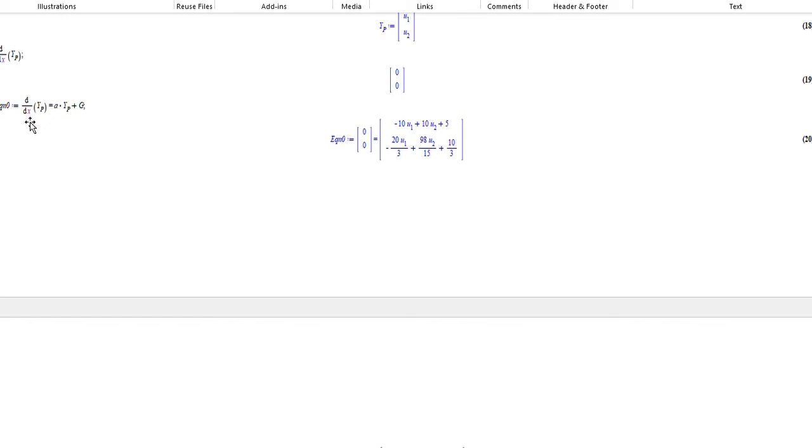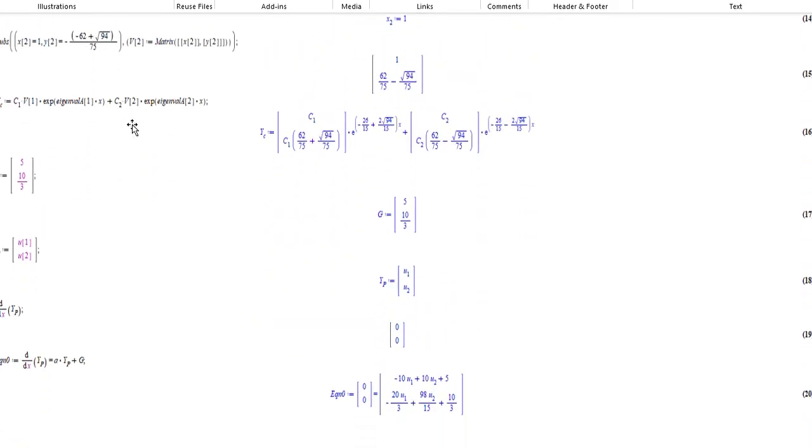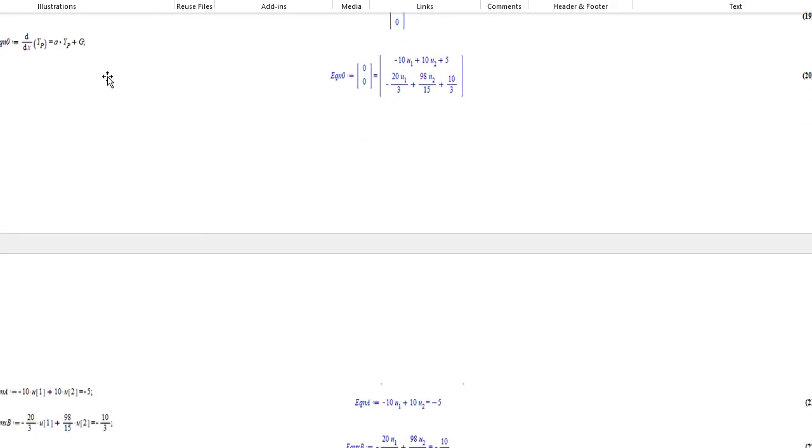So this part is yp prime, this part is a, this part is yp, and this part is g. I sub the values back and simplify, and it will appear this. All the values are from above. I just sub it back. No need to write down all the equations.